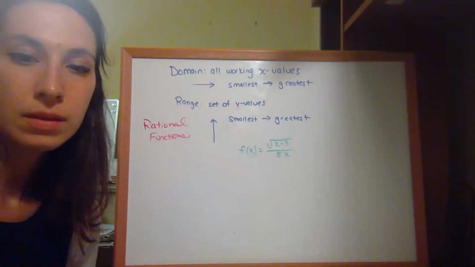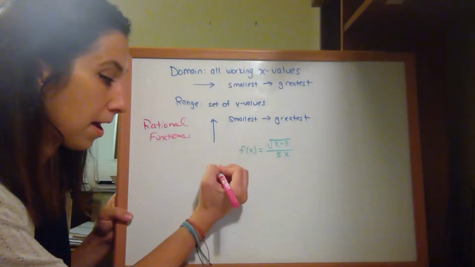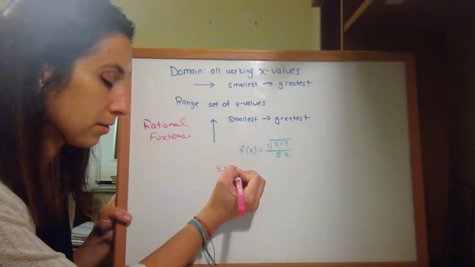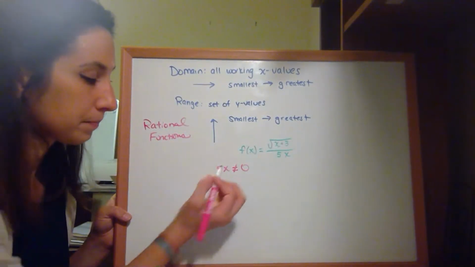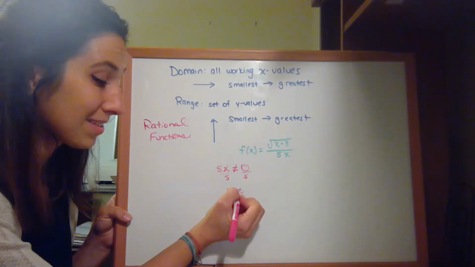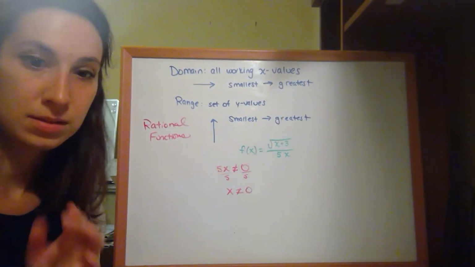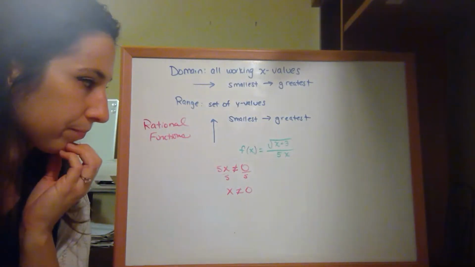That means 5x cannot turn out to be 0. If we divide both sides by 5, x can't be 0. So 0 cannot be part of the domain.